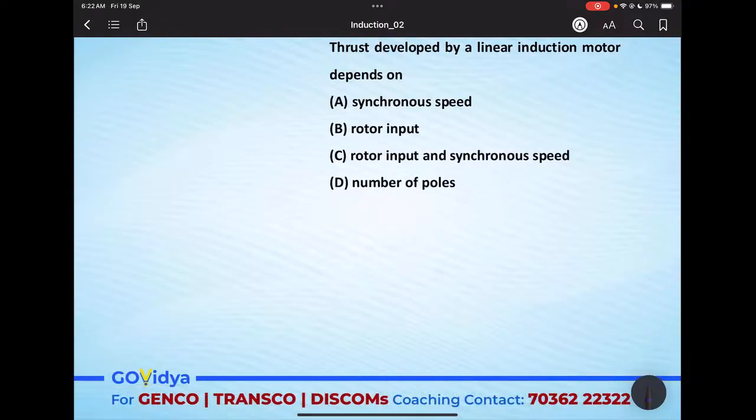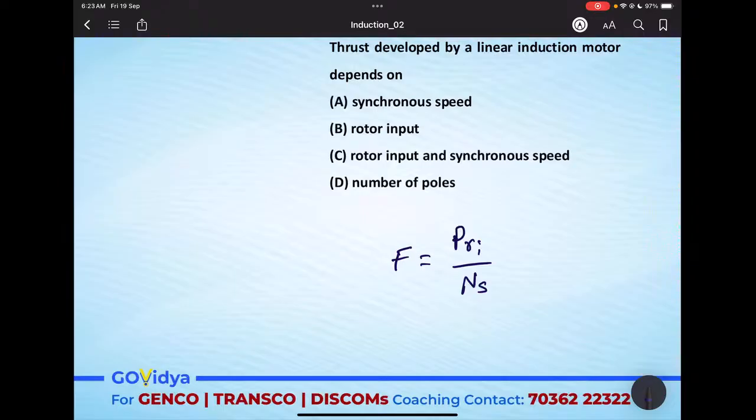Thrust developed by a linear induction motor depends on... Thrust is nothing but the torque developed by the rotor circuit. It can be given as rotor input by speed. Thrust F is given as rotor input by synchronous speed.